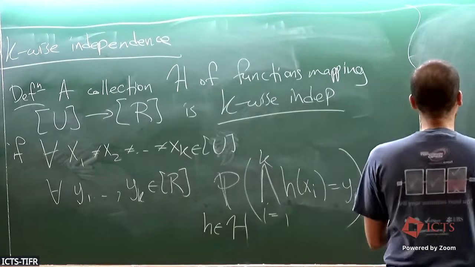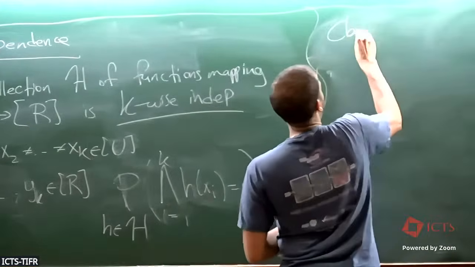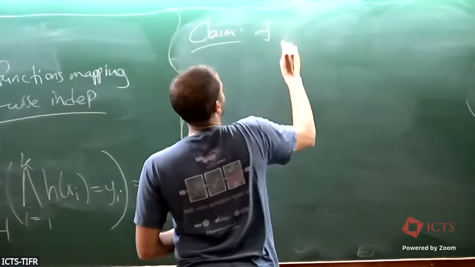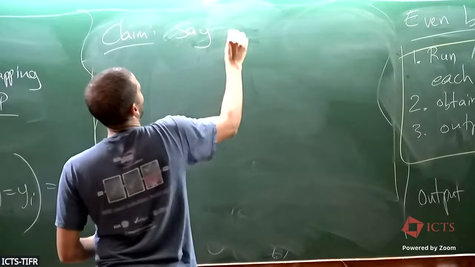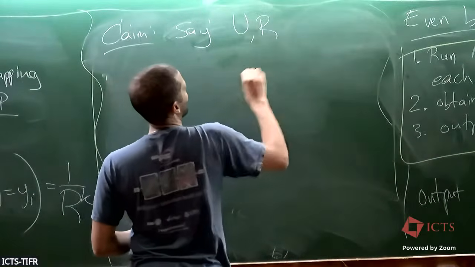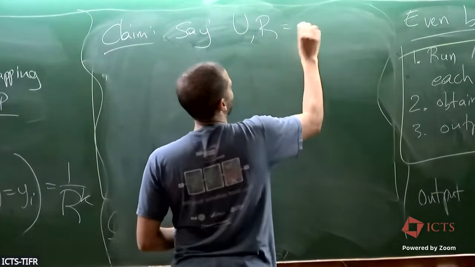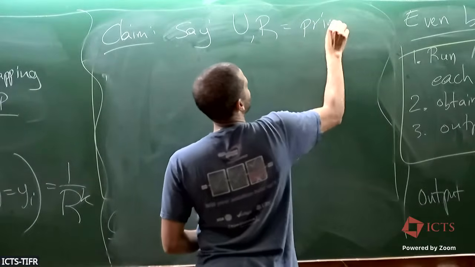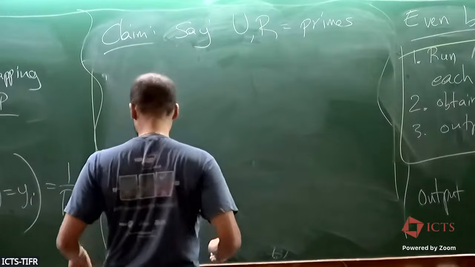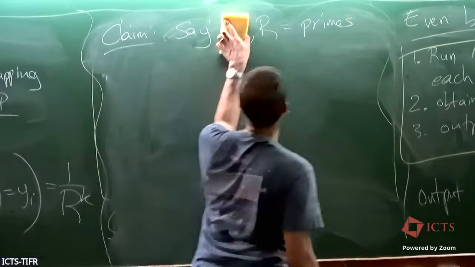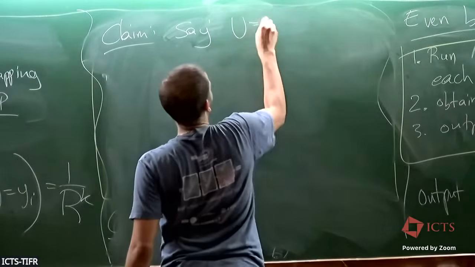So, claim: there exists a k-wise independent family. Let's say U and R are prime. Actually, let me give it even simpler: U equals R is prime.